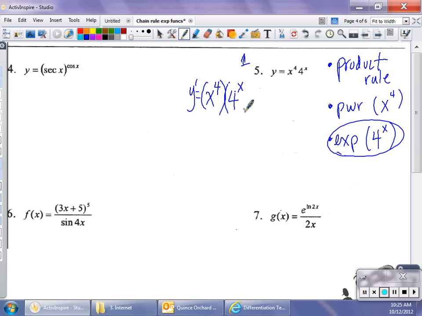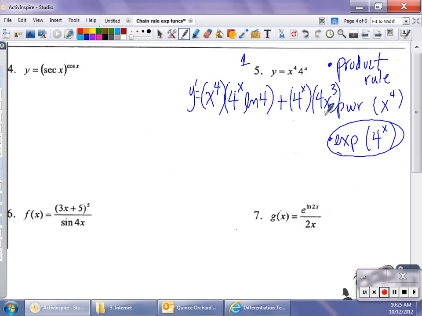And then multiplied by ln of the base, which in this case is 4. So that's the first times the derivative of the second, plus the second term, which is 4 to the x, multiplied by the derivative of the first, which is 4x cubed.